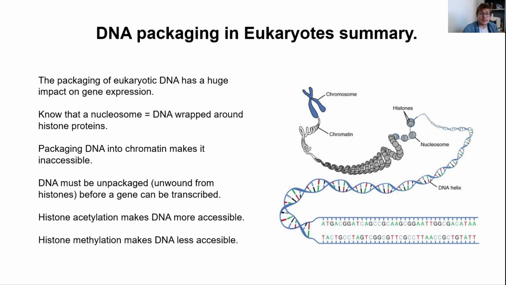We found that histone acetylation makes the DNA more accessible, whereas histone methylation makes the DNA less accessible. As long as you know the overall organization of eukaryotic chromosomes from DNA to nucleosomes to chromatin, and know that chromatin needs to be made more or less accessible in order for certain processes to occur, you're going to be in great shape for this portion of the class.